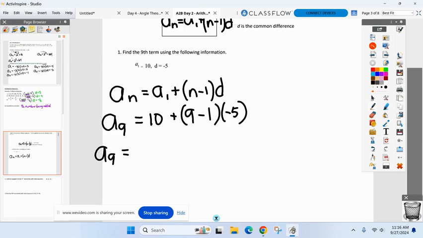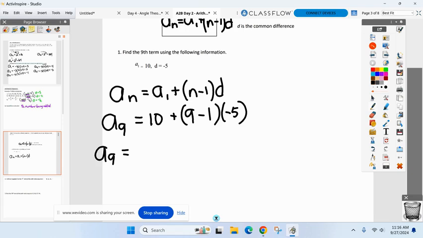What are we plugging in the calculator? 10 plus 9 minus 1 times -5. 9 minus 1 is 8, and 8 times -5 would be -40. Oh, because you're doing multiplication first. That's multiplication over there. It's not 9 minus 1 minus 5.